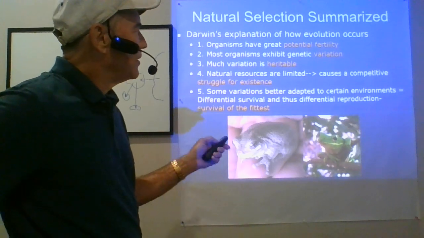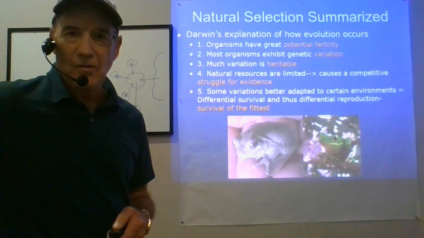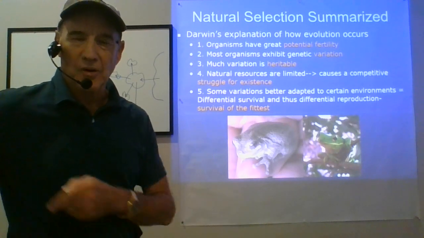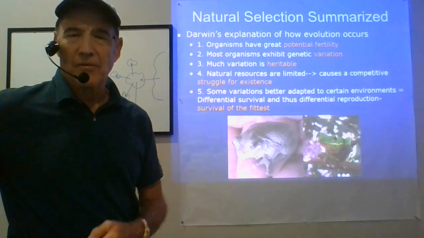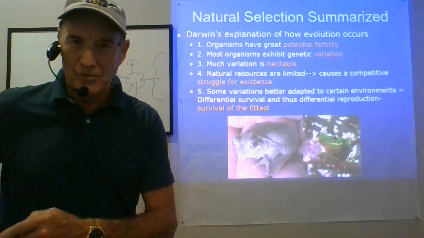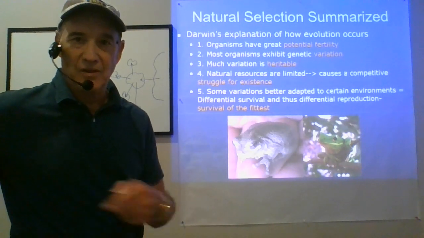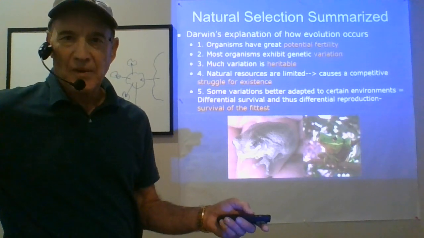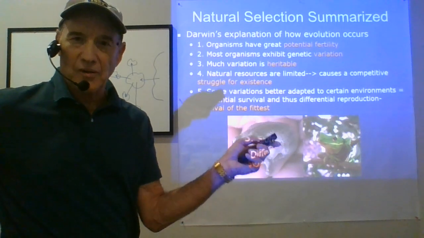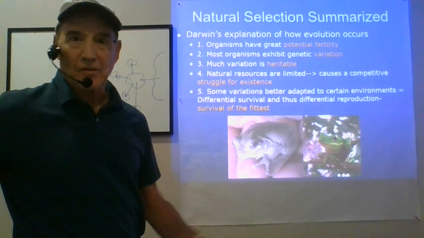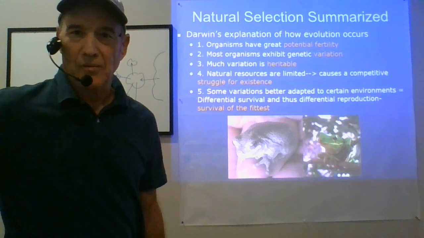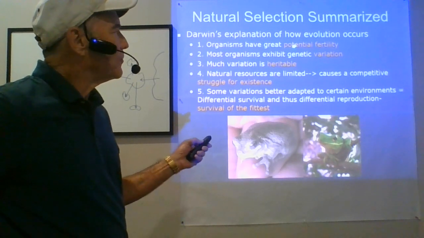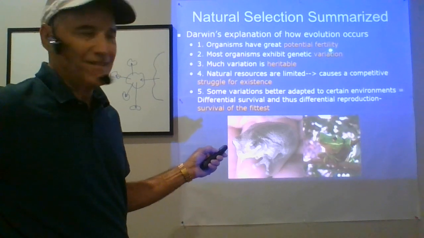So he noticed that organisms had great potential fertility. They had the capability of producing a lot of other of themselves. Even elephants could reproduce if you didn't harm them, or the environment wasn't harming them. They could produce a lot of elephants. And of course, the bugs did that, and the birds did that really well. Organisms have great potential fertility.